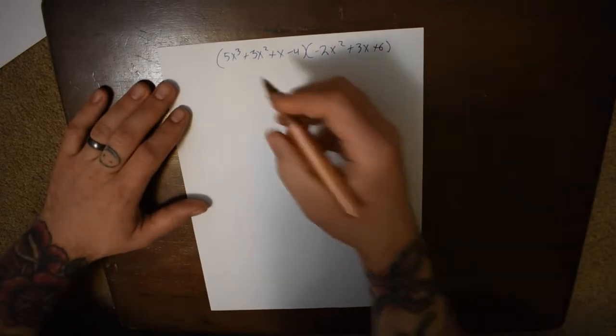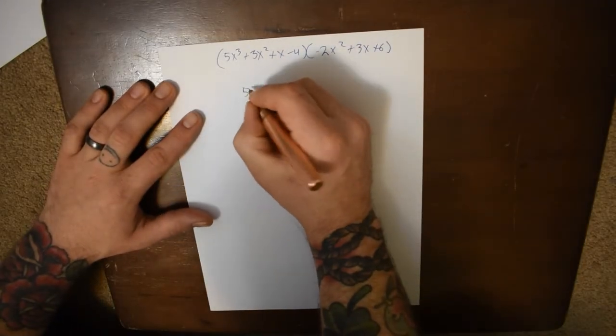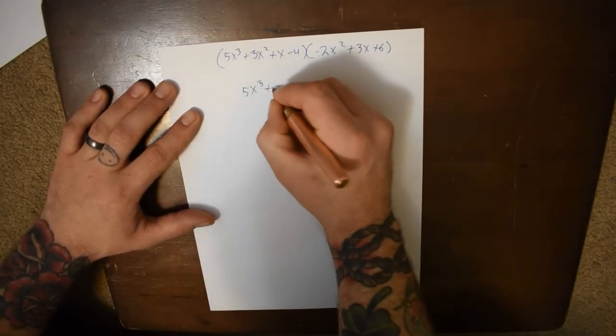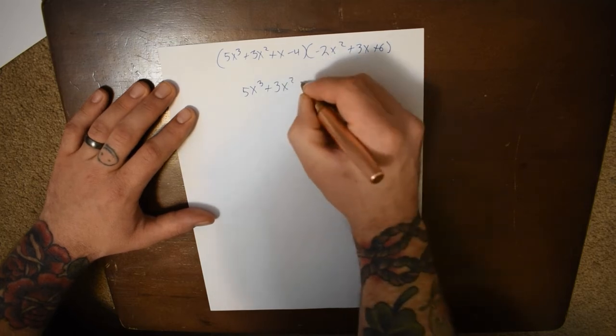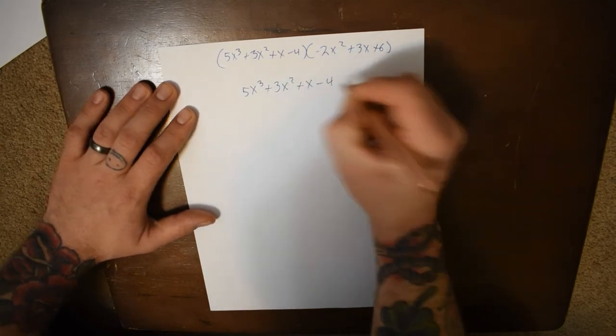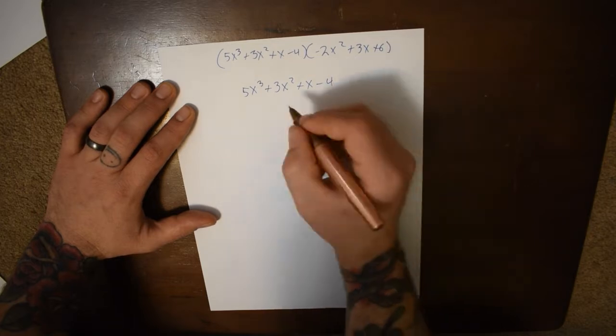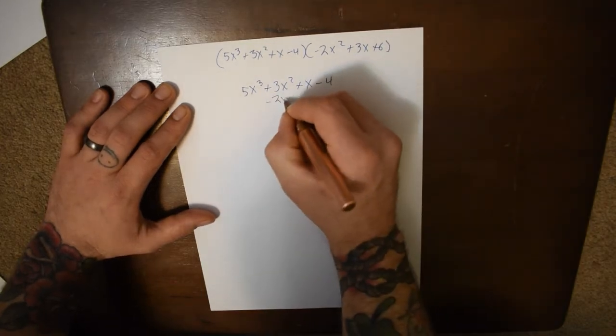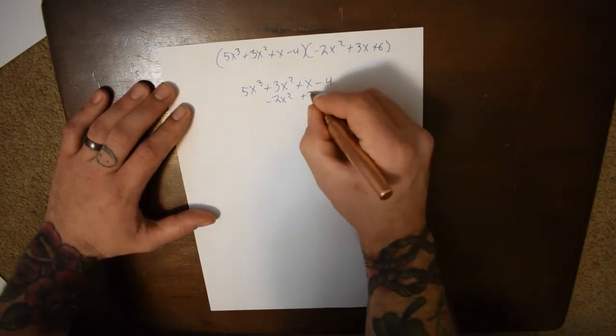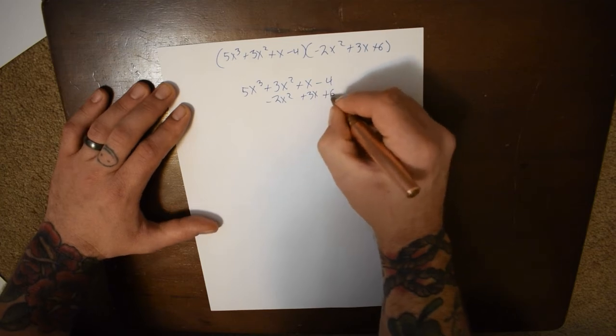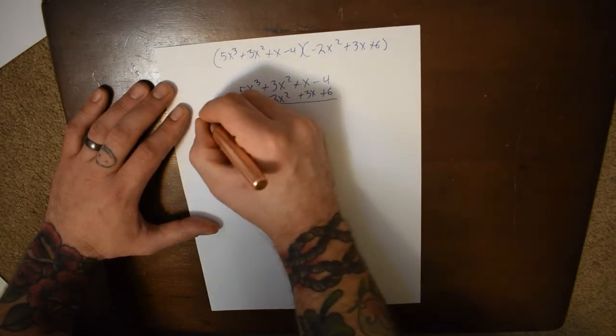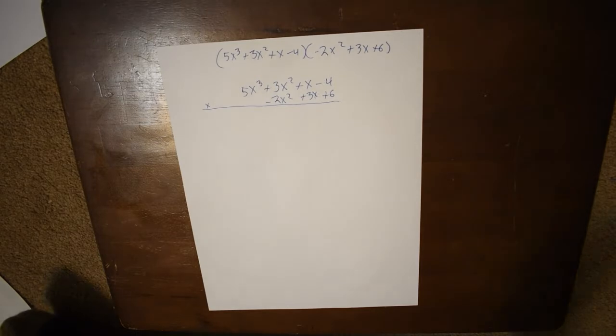So, just like before, we'll write 5x cubed plus 3x squared plus x minus 4 on top of negative 2x squared plus 3x plus 6. And we want to multiply.